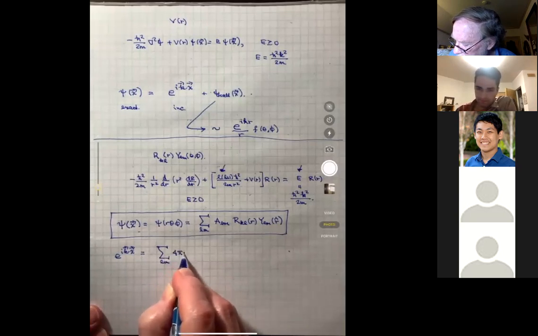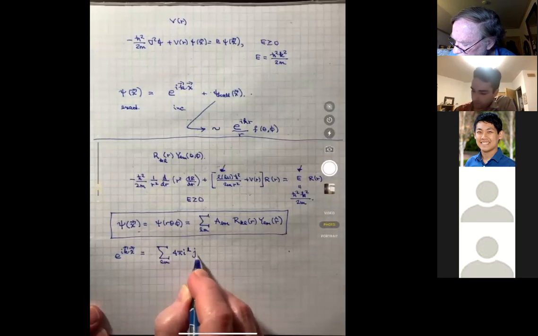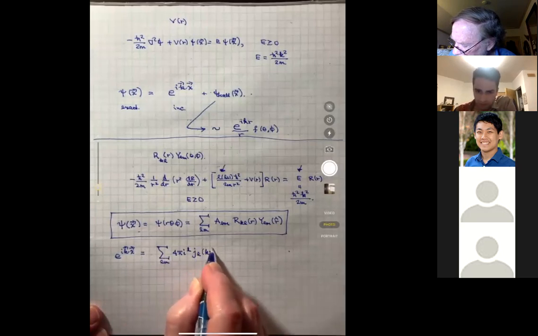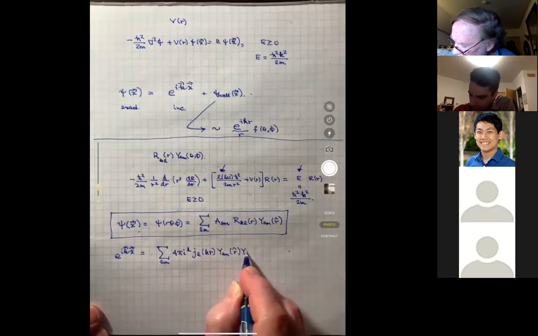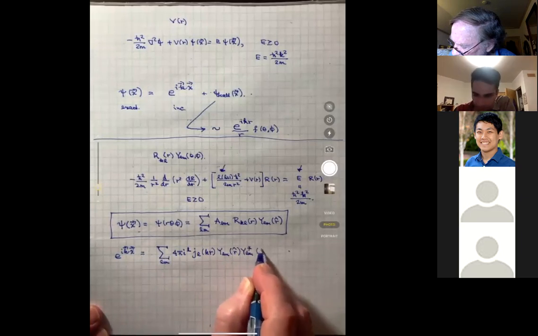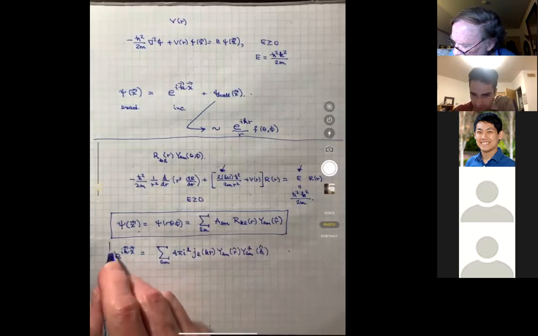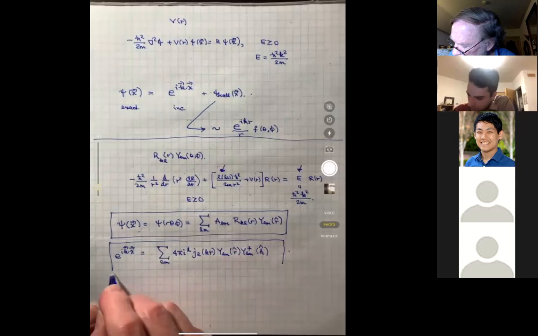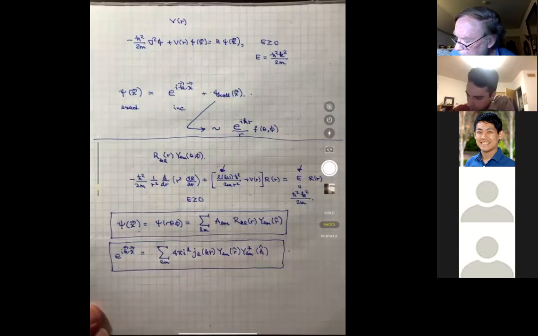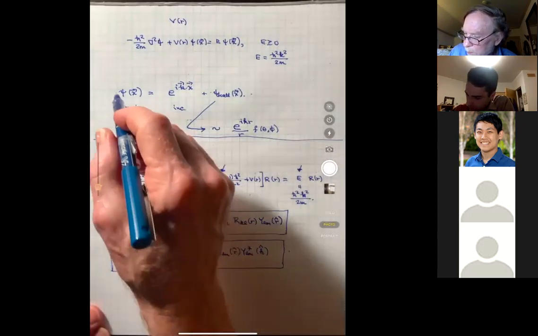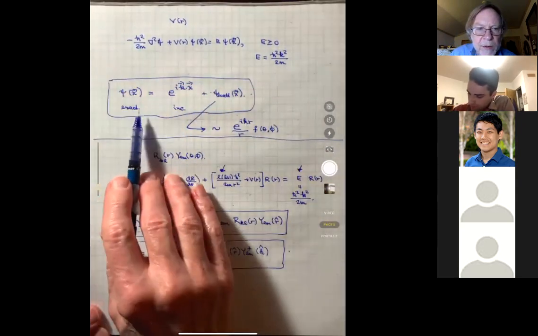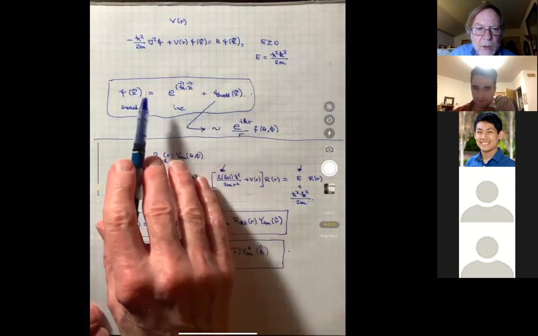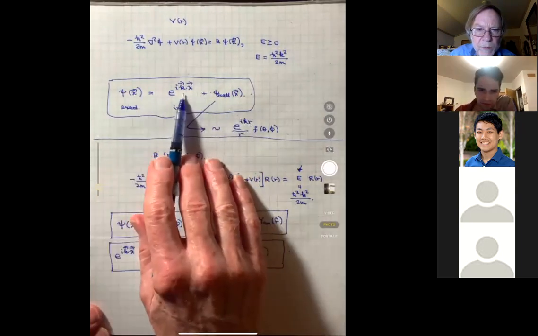It turns out the coefficients are 4 pi times i to the l, Bessel function j_l of kr, times Y_lm of r hat times Y_lm complex conjugate of k hat. And so this is the expansion of the incident wave, which is the second term here. Let me box this up here because this is our basic decomposition of the scattering solution into the incident and scattered wave. So I've taken care of the first two terms.